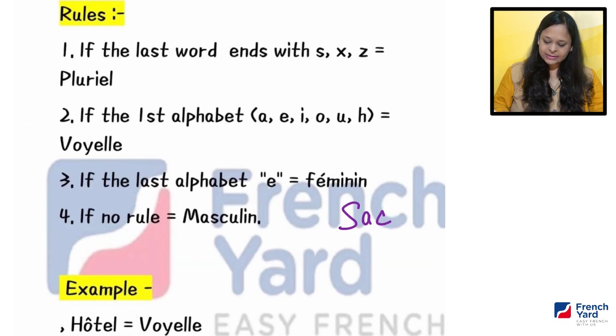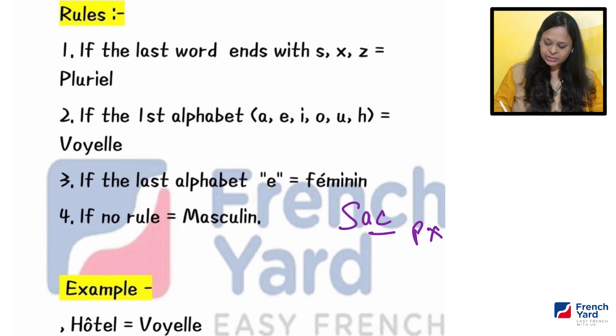My first rule says if the last letter is S, X or Z, then it is plural. I am going to consider the word sac. The last letter is C, it is not S, X or Z, so we are not going to put this word in the plural category. The second rule says if the first letter is A, E, I, O, U or H, then I put it in the vowel category.